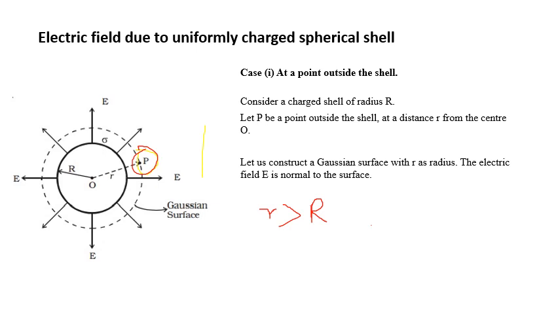Now this surface that we have created is called the Gaussian surface. It's a closed, symmetric surface.